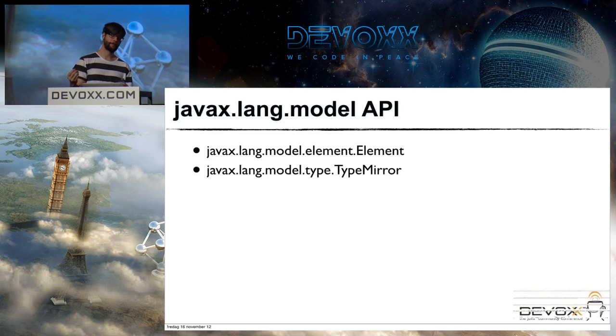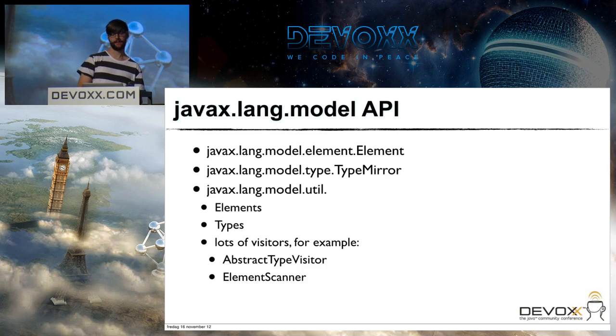Type mirrors allow you to talk about lists of string versus lists of integers versus raw lists. So this type mirror gives you the utility and the abstraction to talk about different kinds of instantiations of the same list. And there's the util part that has a lot of utilities.